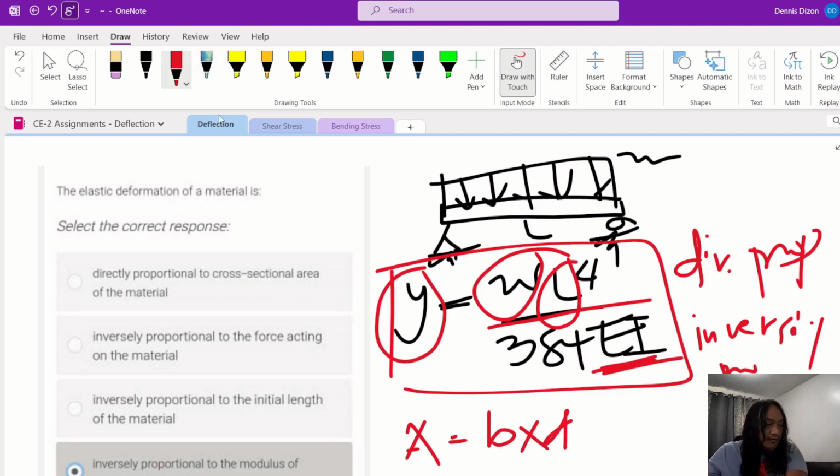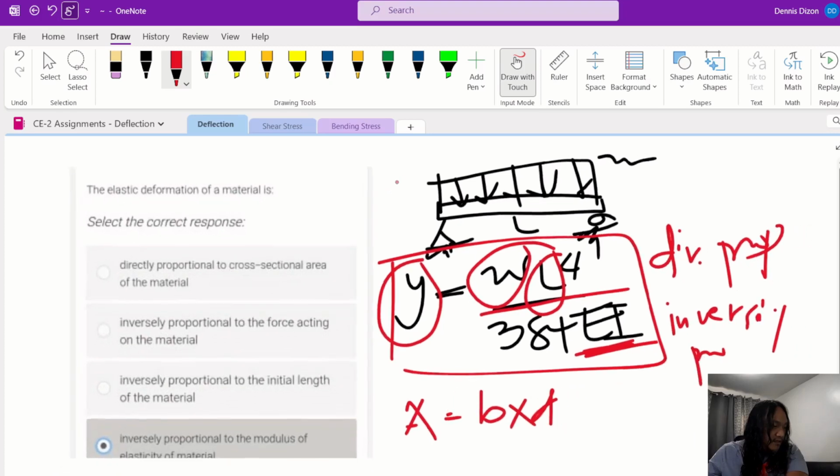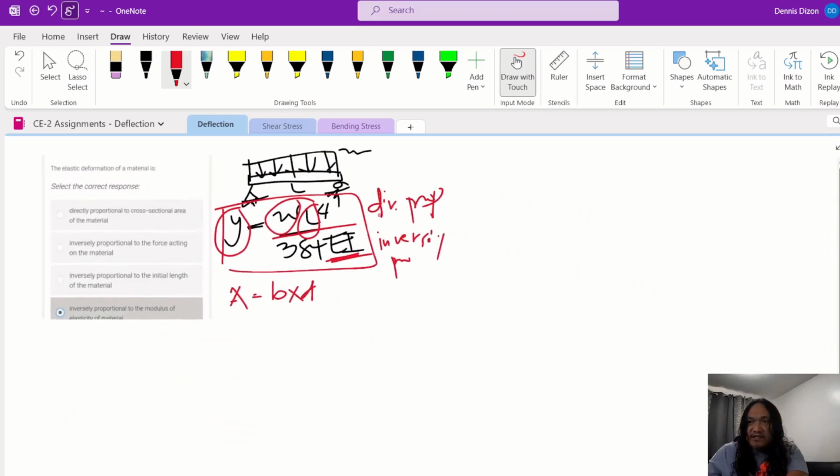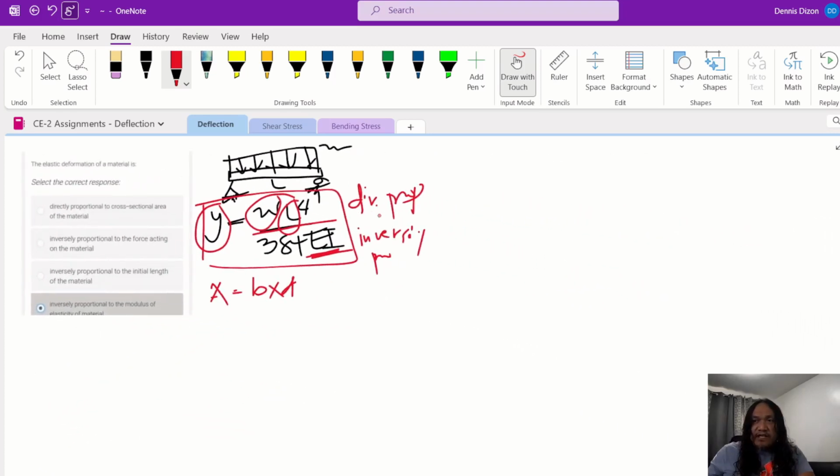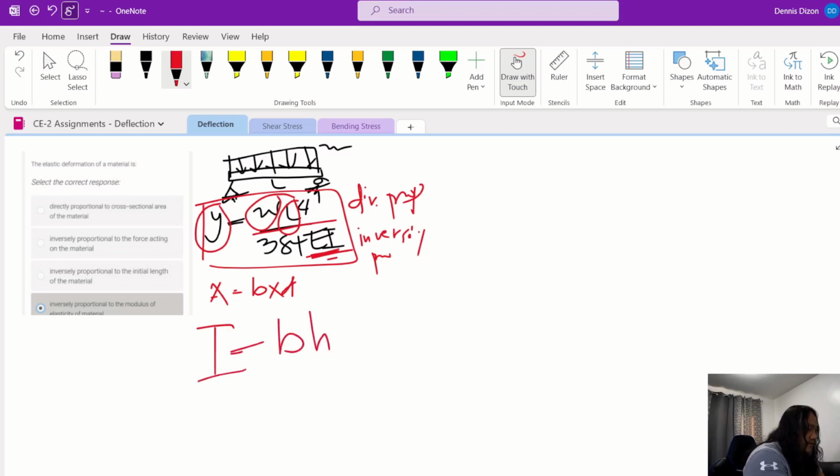Now, let's just make this smaller. So area is B times D. And then your moment of inertia, I, is equal to BD cubed over 12.